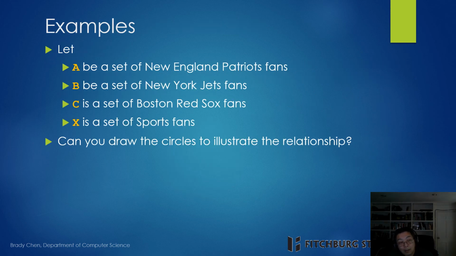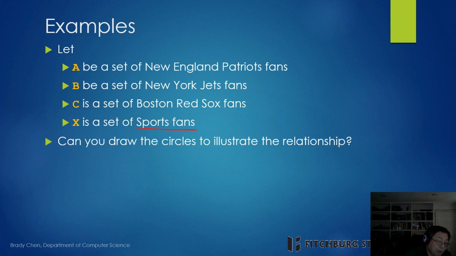So let's look at an example. Suppose A is a set of New England Patriots fans, B is New York Jets fans, and C is Boston Red Sox fans, and X is a set of sports fans, right? So let's find the relations between these sets. Can we draw the circles to illustrate the relationship?